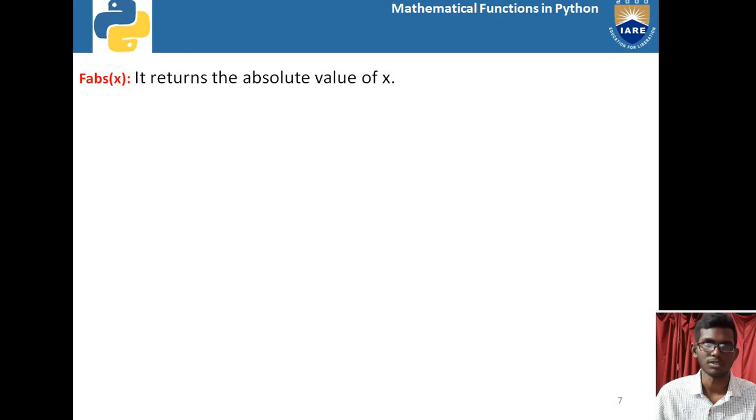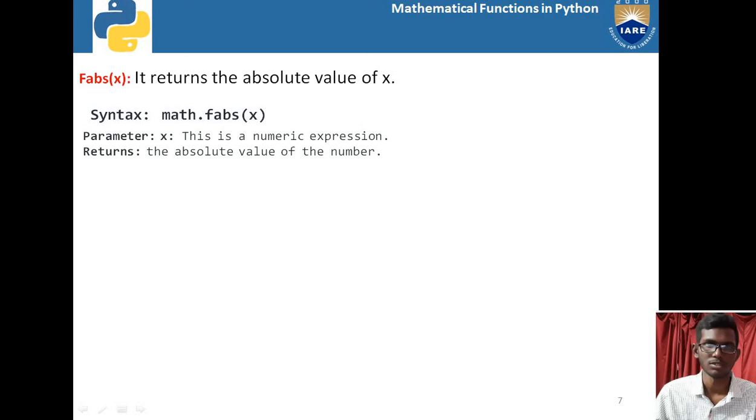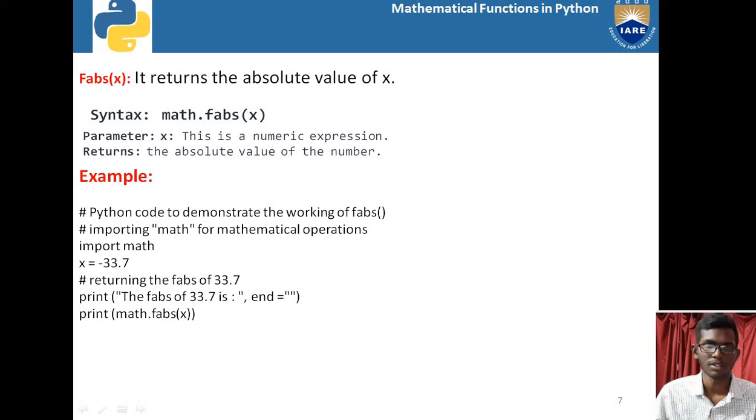Fabs returns the absolute value of x. Syntax for fabs is math.fabs, with parameter x, and it returns the absolute value of the number. Now we take a simple example. We are taking x equal to minus 33.7.